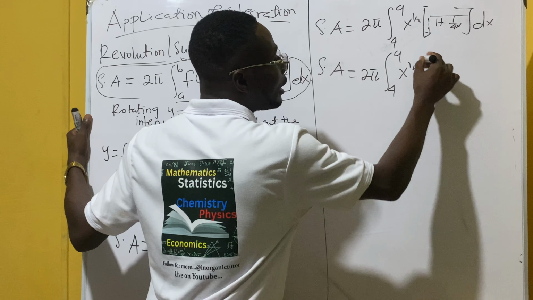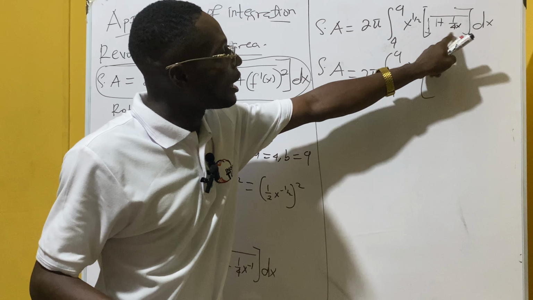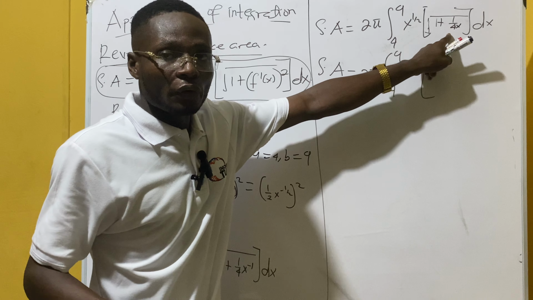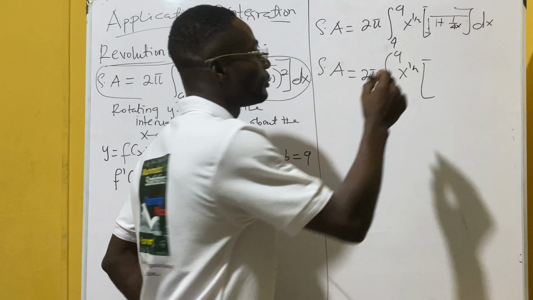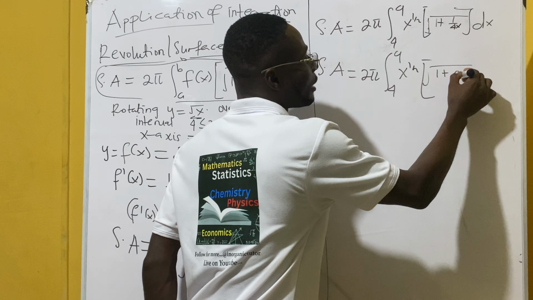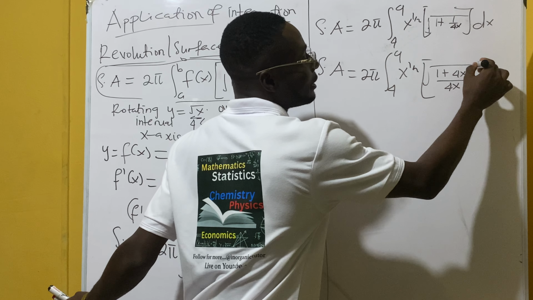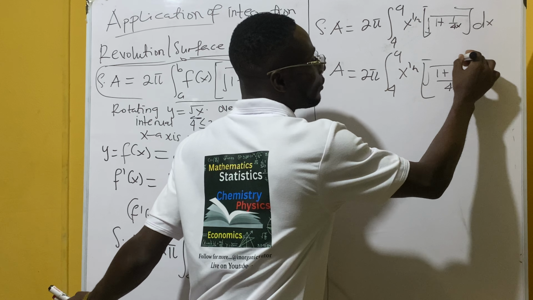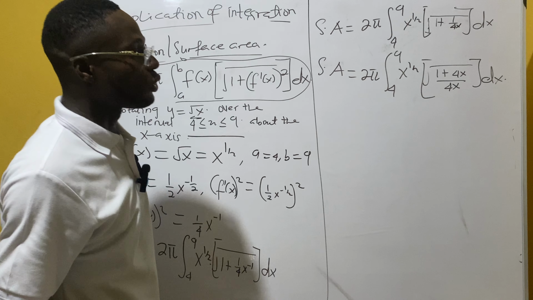Then let's try to find the LCM for the function under the root sign. When we do that, we're going to have the square root of 1 plus 4x all over 4x, then we have the dx here.